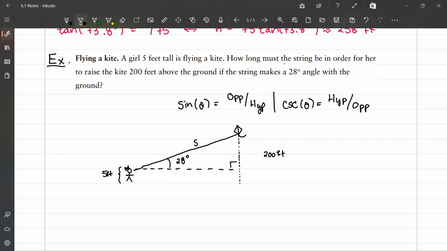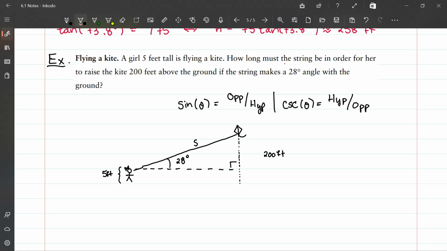This is also the point where our careful picture drawing, cute though it may be, kind of saves our bacon, because some of you may have noticed, while the height of the kite is 200 feet, the length of the side opposite 28 degrees is not 200 feet.